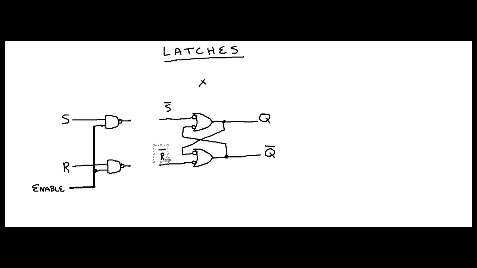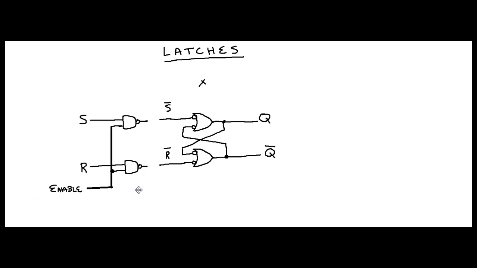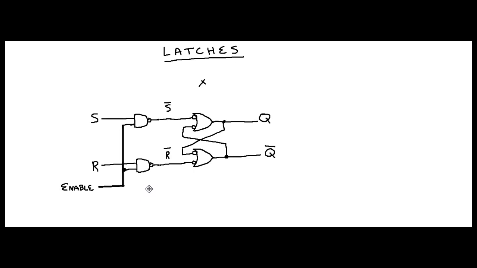And here's your reset input, same thing. Now, I want you to think about this. What I have here is a gate. What would happen if I took the gate and connected it to the latch just like that?